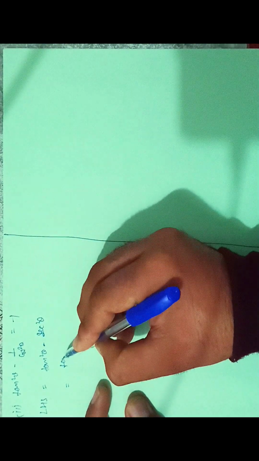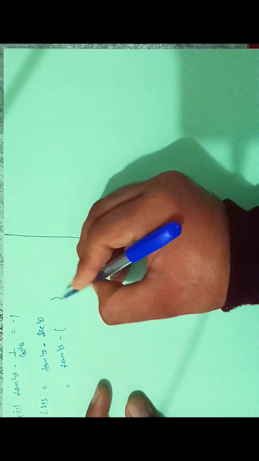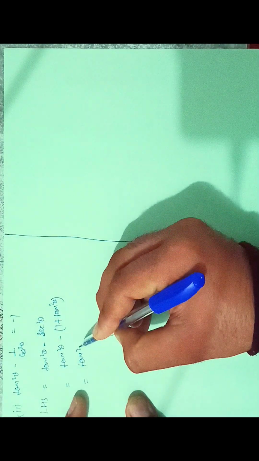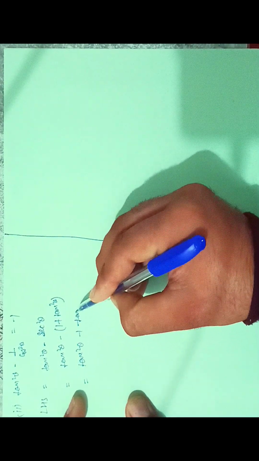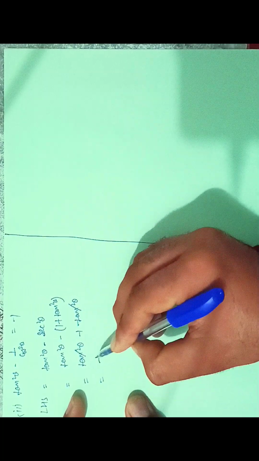Taking the left hand side, that is tan square theta minus 1 upon cos square theta, which is sec square theta. Instead of sec square theta, I can use 1 plus tan square theta. So it will be tan square theta minus 1 minus tan square theta. So tan square theta will be cancelled, and we'll be left with minus 1, and you have to prove this.